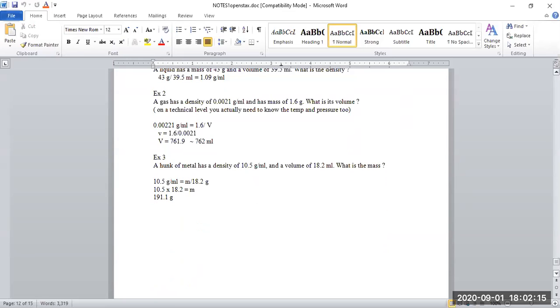Put your 18.2 on the bottom of the opposite side. You can bring it up and multiply, because if you bring it up to the other side, you can multiply your two things together, and this will allow your milliliters to cancel out, not your grams. And that will give me 191.1 grams.